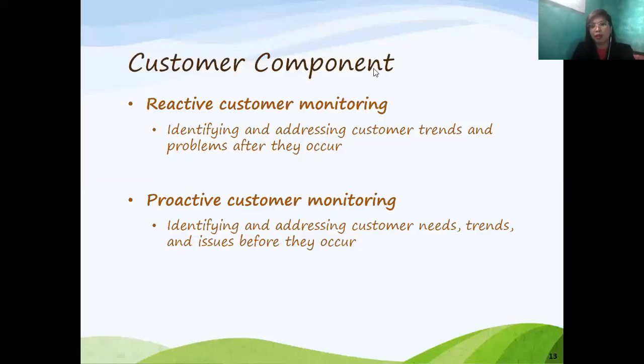For example, today we are experiencing the pandemic, and no one knew whether the COVID-19 pandemic would come during the first quarter of the year. So everybody became very active in terms of customer monitoring, because they did not know that the COVID-19 virus or illness would come to our country.